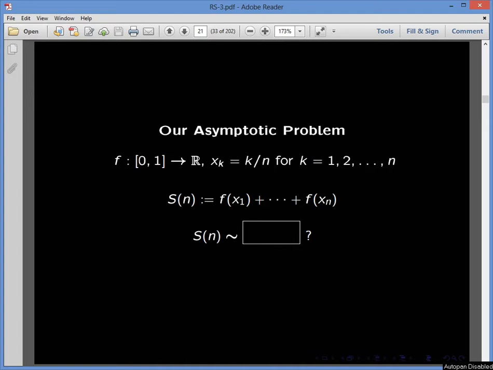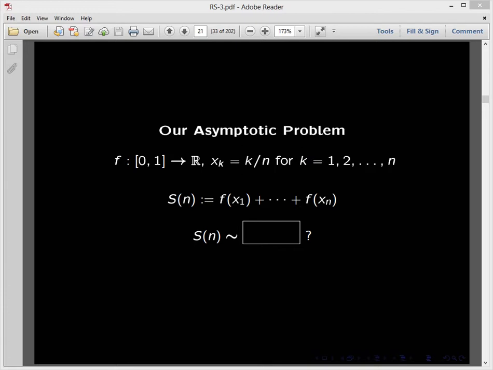This continuous function, by the extreme value theorem, always has a maximum value. So each function value is always less than or equal to M, where you're adding all these M's, my maximum value of this function. So there are n of them, so n times capital M.